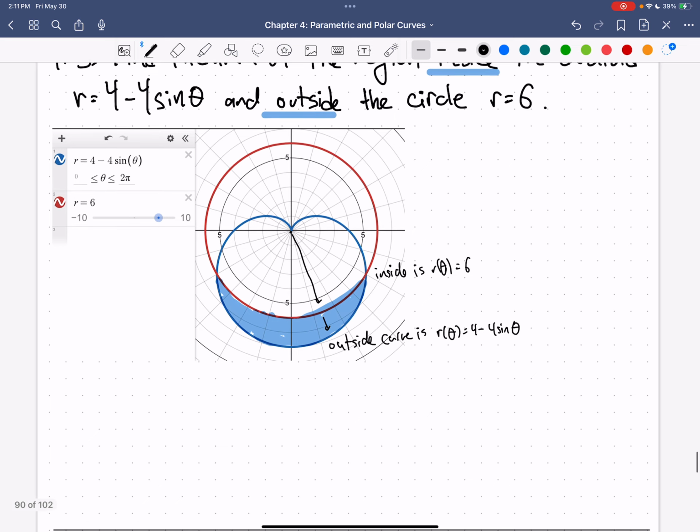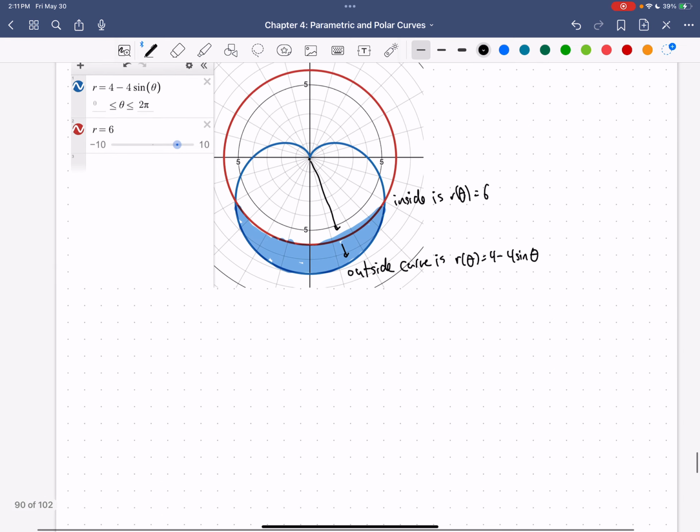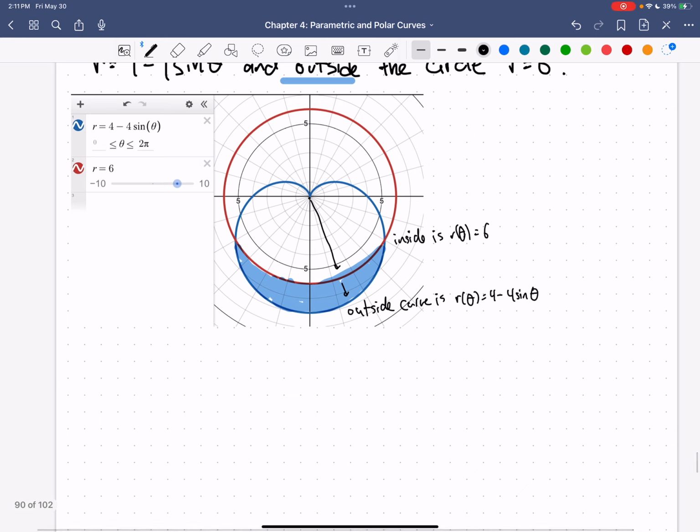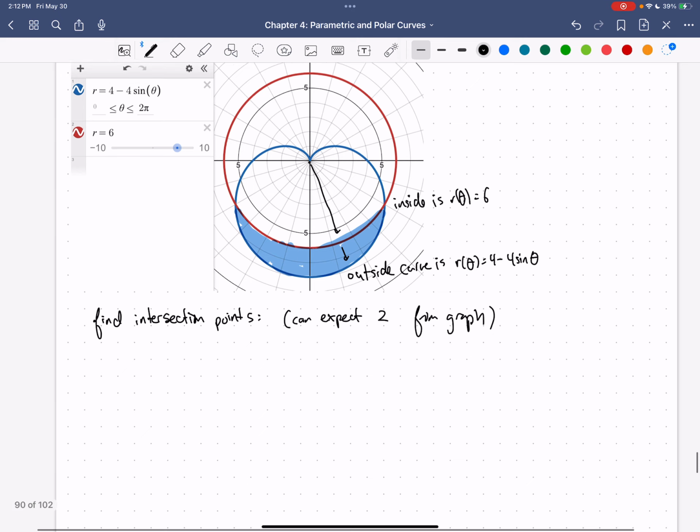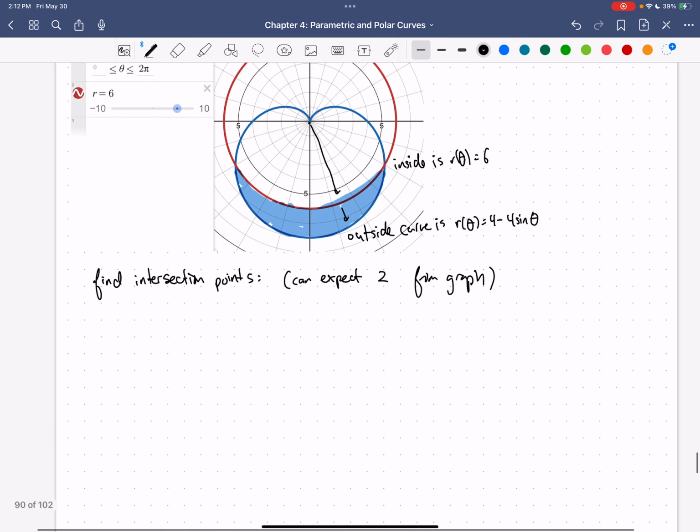So we just need to find the intersection points. Because we have the graph, we can expect to find just 2. We don't have to check for other types, like when they're both 0. It looks like we just have these 2 intersection points.